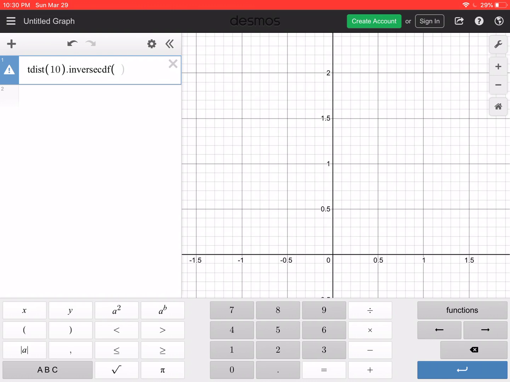So don't put in inverse CDF of 0.20, because that's just going to give you an area of 0.20 to the left. If the area to the right is 0.20, that's what the alpha is, then the area to the left must be everything else, or 0.80. So it's 0.80, not 0.20. All right, and that gives us a value of approximately 0.879.